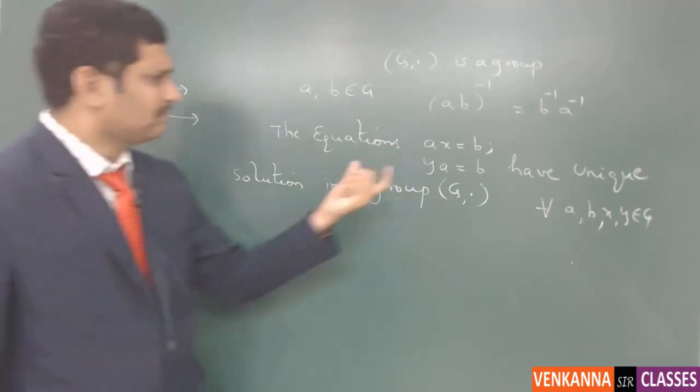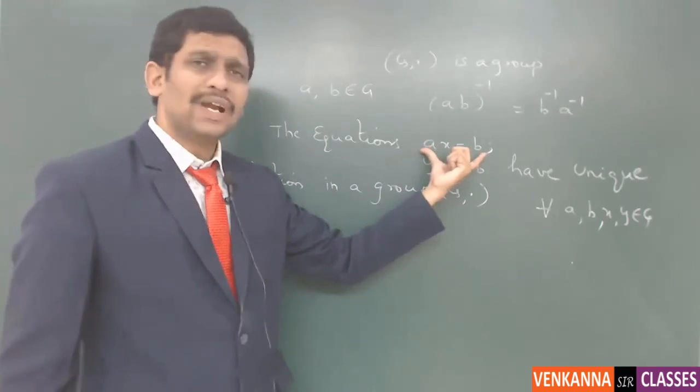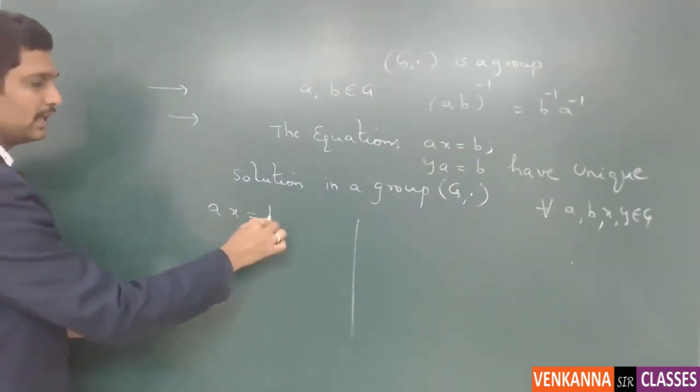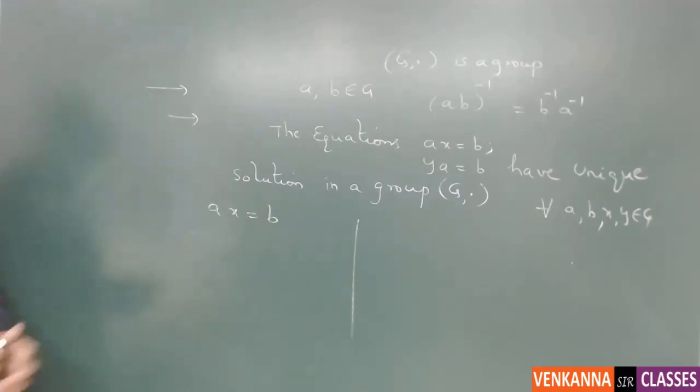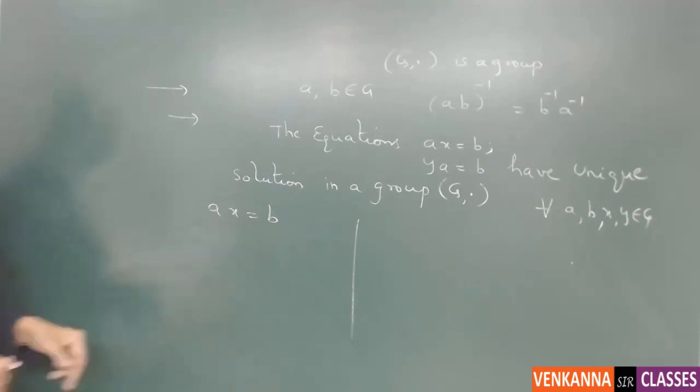Now, the result is very simple. If you consider the first equation, Ax equal to B, you simply multiply on both sides with A inverse.